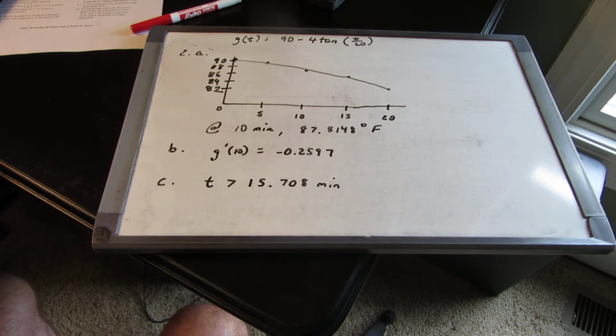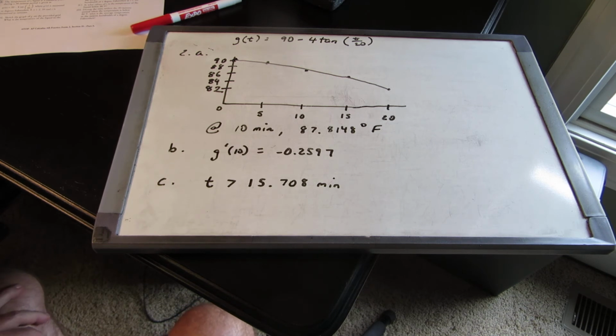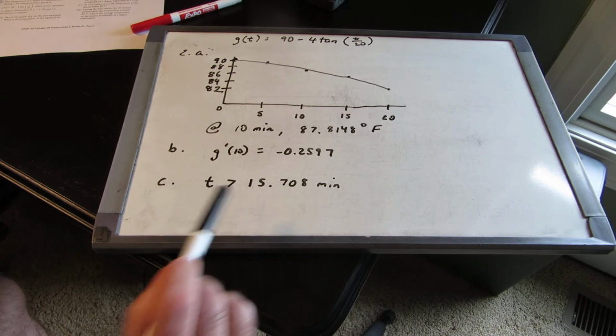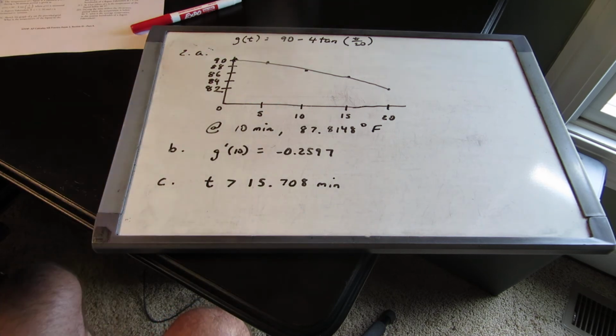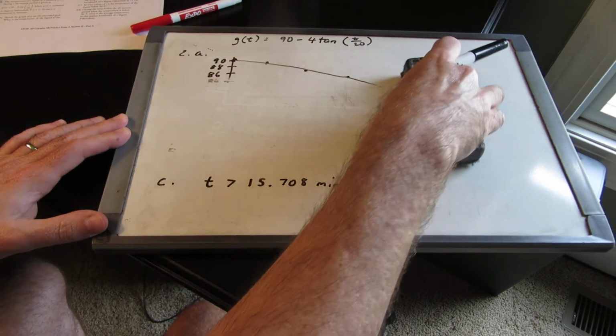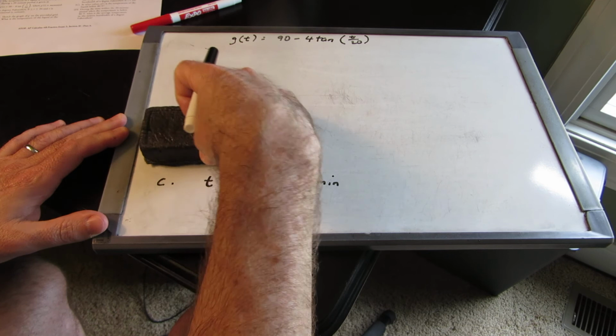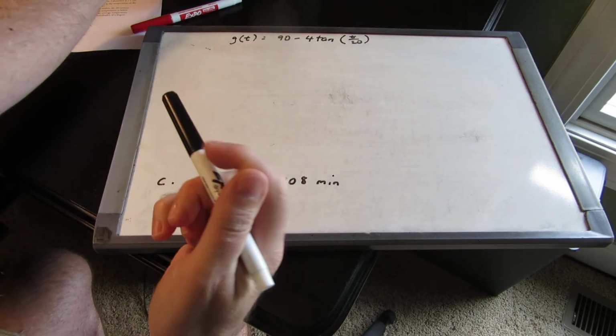Alright, 15.708 minutes. And then part D says during the time within the 20-minute period when the temperature is below 86, what is the average temperature? We have to remember this 15.708 value, so I'm not going to erase that. You're going to use your average value formula.